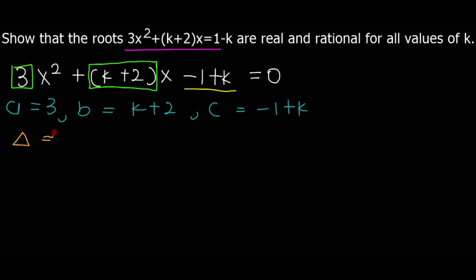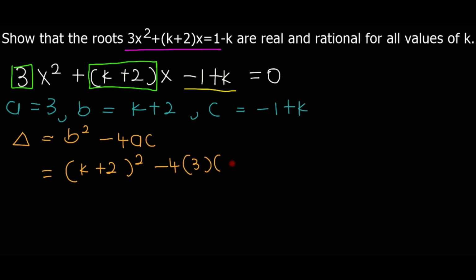So now I can use the discriminant. This is b squared minus 4ac. From there I can substitute. b is k plus 2, all squared, minus 4, and then a is 3, and c is minus 1 plus k.